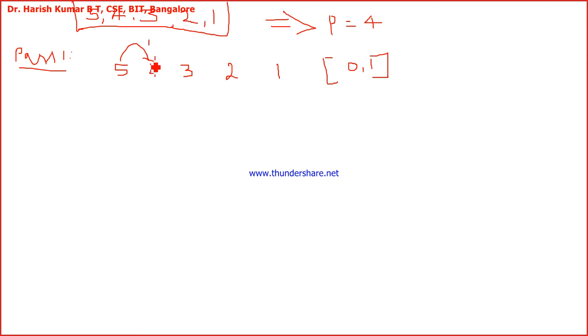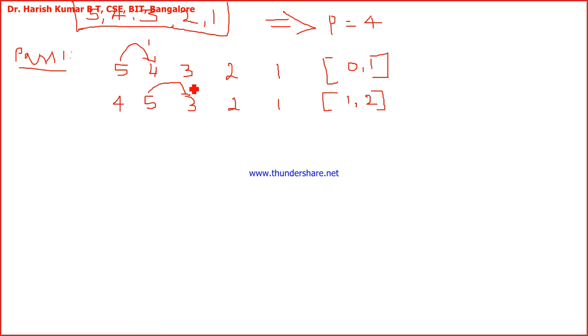Since the element on the right is smaller than the element on the left, it requires a swap: 4 and then 5, and let me write 3 2 1. In the second comparison I compare the element at index 1 with the element at index 2, that is 5 and 3.